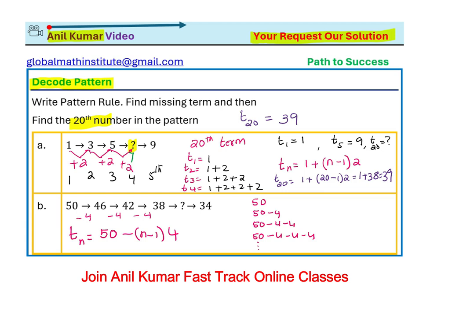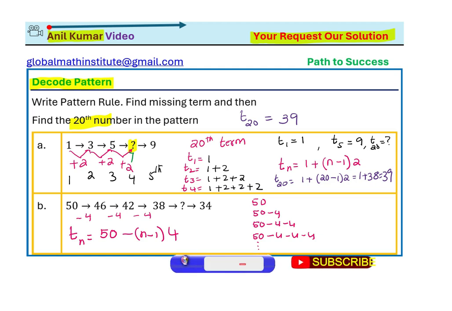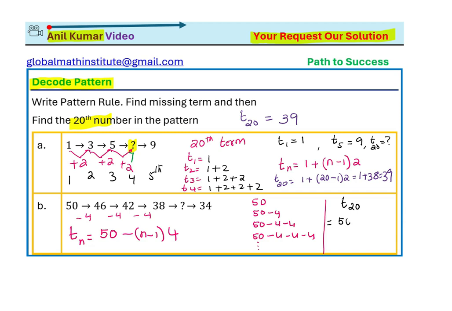Starting with the number 50, we are decreasing by 4 each time. So if you have to reach the 20th term, 19 times you should decrease it. So now you can write down T20, which is equal to 50 minus (20 minus 1) times 4.